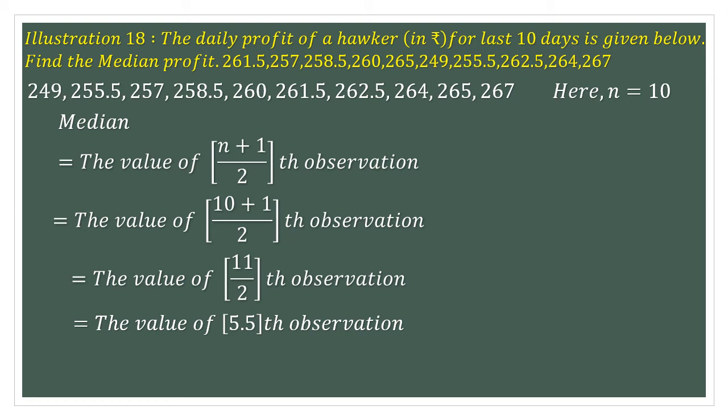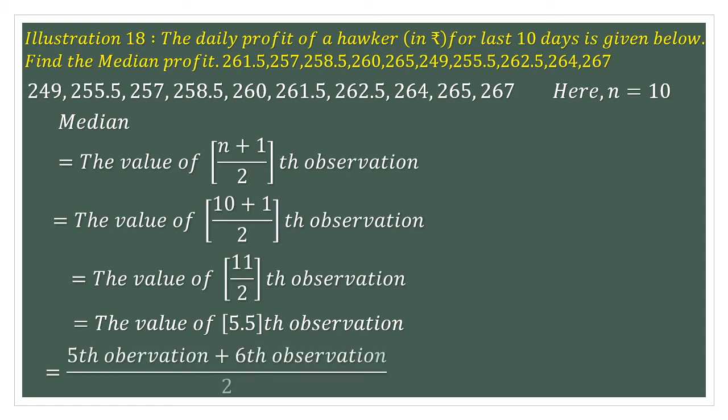So when this kind of situation arises, we just need to find the average of the fifth and the sixth observation. Because this is 5.5, it is between 5 and 6. So the fifth observation plus sixth observation divided by 2, a simple average.